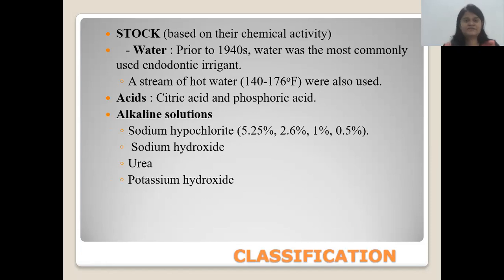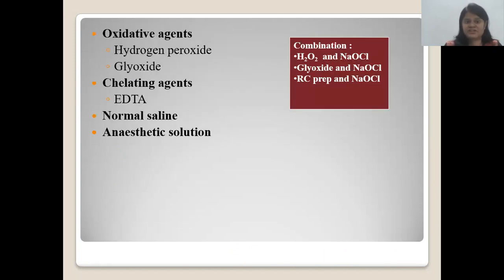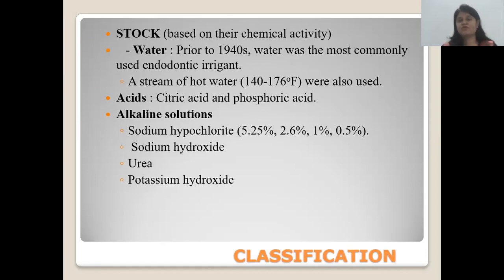Then coming on to the classification, Stock, based on the chemical activity, described the irrigants as water-based, acid-based, alkaline-based, oxidative agents, chelating agents, normal saline and anesthetic solution. Water was used as one of the important irrigants during the 1940s; a stream of hot water at a temperature of 140 to 176 degrees Fahrenheit was used to remove debris inside the root canal.